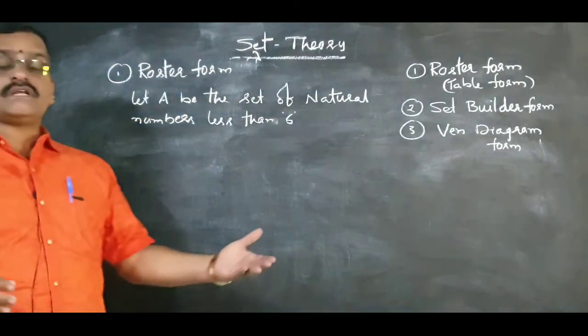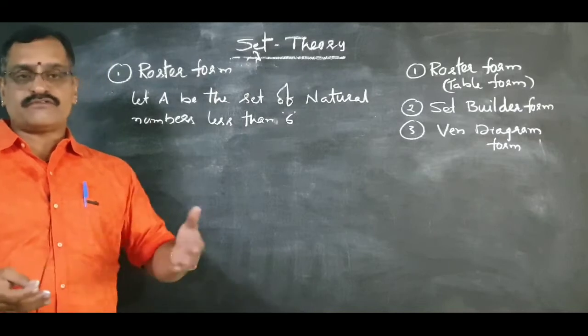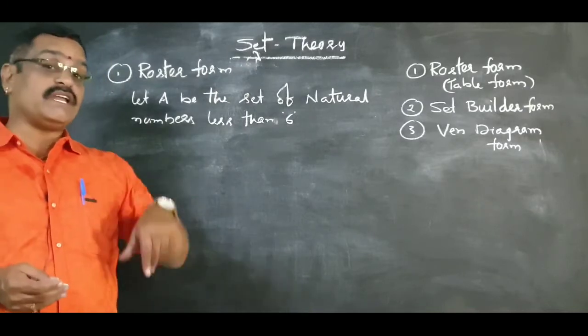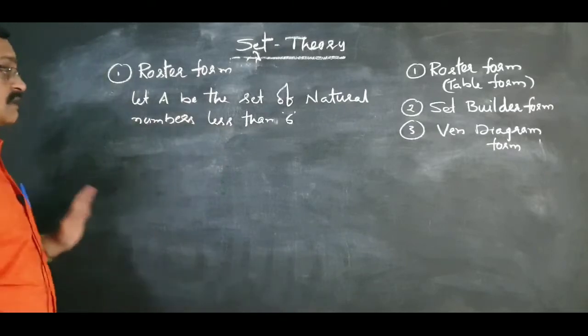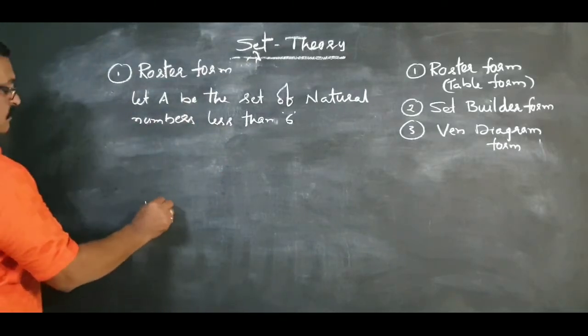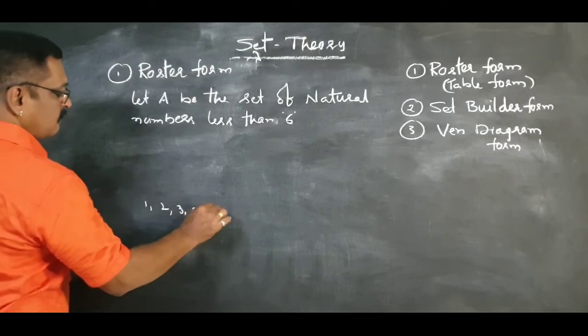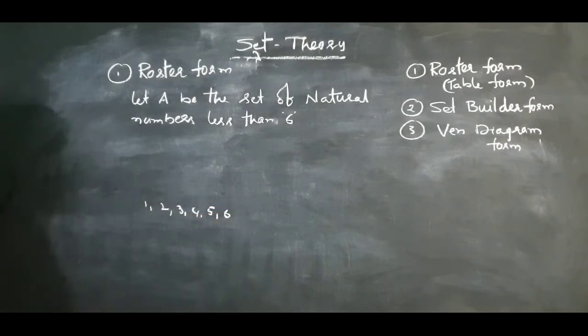So we know what are the natural numbers: 1, 2, 3, 4 and so on continuously, and we need only those numbers which are less than 6. What are the elements we have? 1, 2, 3, 4, 5.